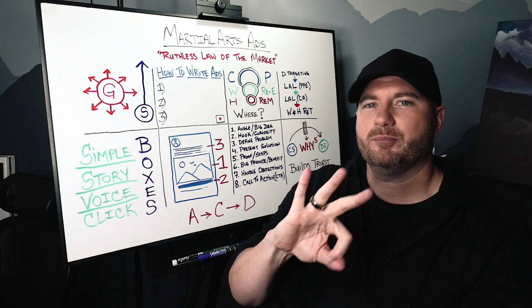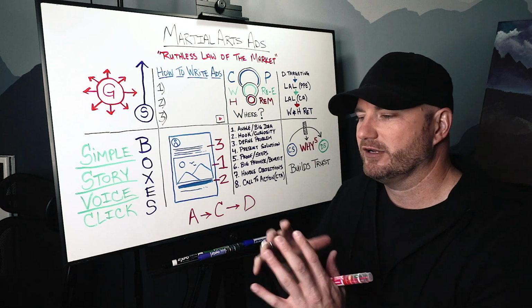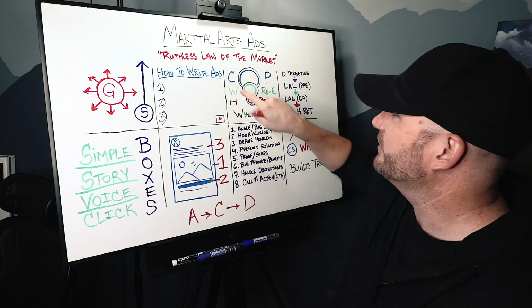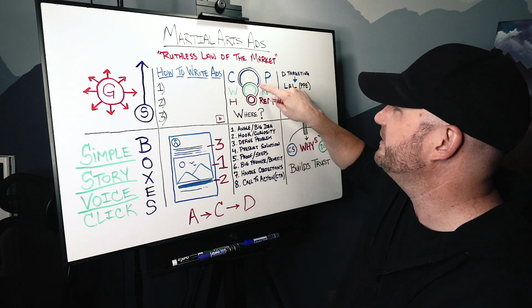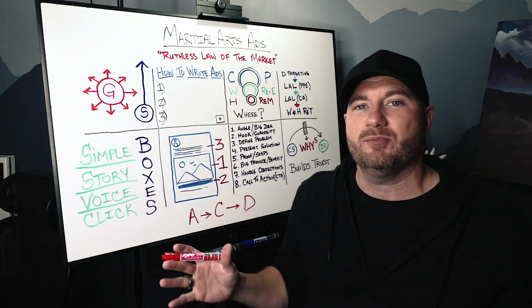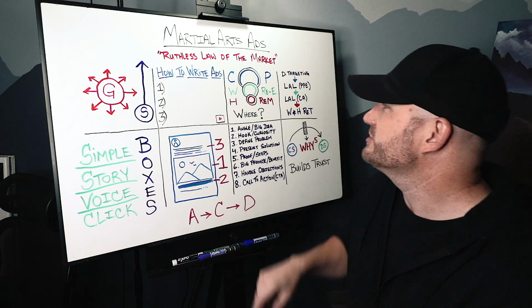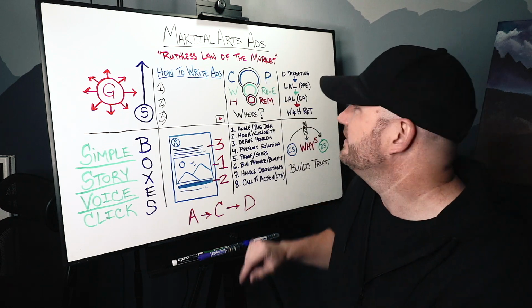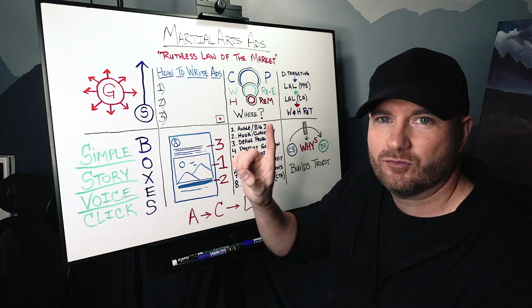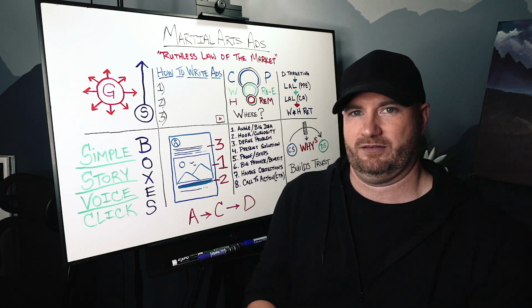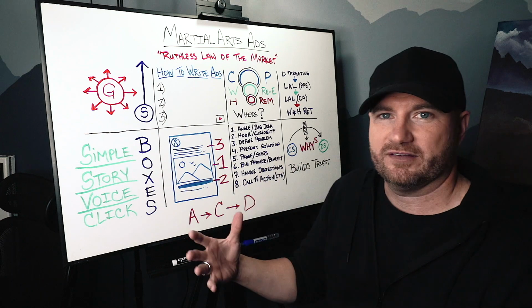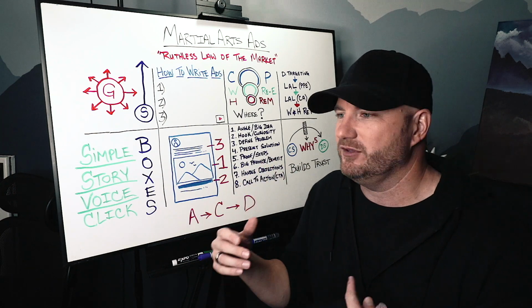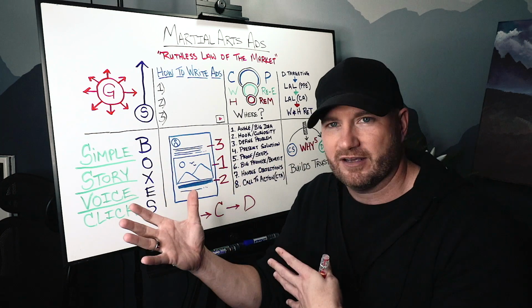There are 3 temperature levels of the people that are in your marketplace. You have cold people, represented in the biggest circle here, because that's the majority of people out there who don't know who you are. So we use a cold market approach. Then people that have seen our ads at least once, been to our website at least once, and have seen us at least once would recognize this, kind of like you could see a face and see it again and go, I recognize that.